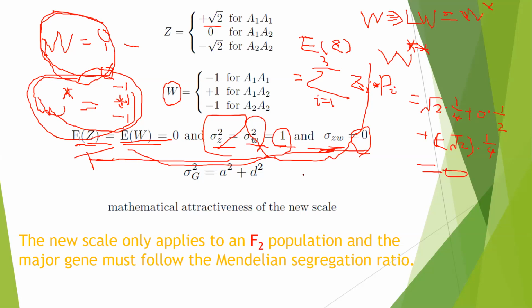In statistics, there's the idea of necessary but not sufficient. So if you use a linear combination of the original W, you will definitely get the same test. But that's not the only way you can get the same test. You can have some other defined W, which is not linearly related to your original W, but you can still get the same test.